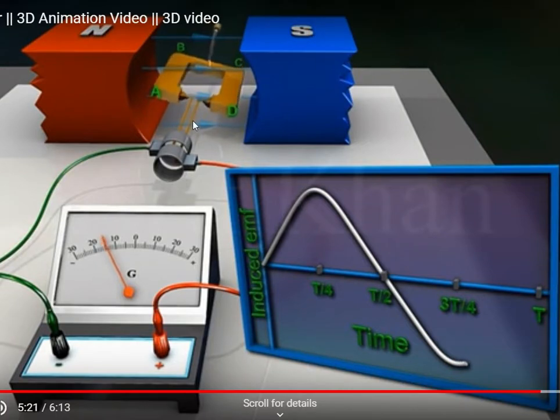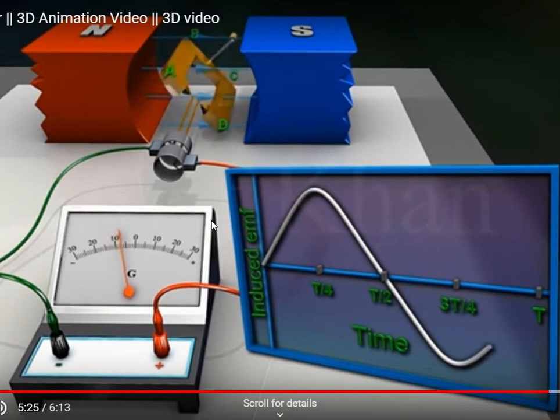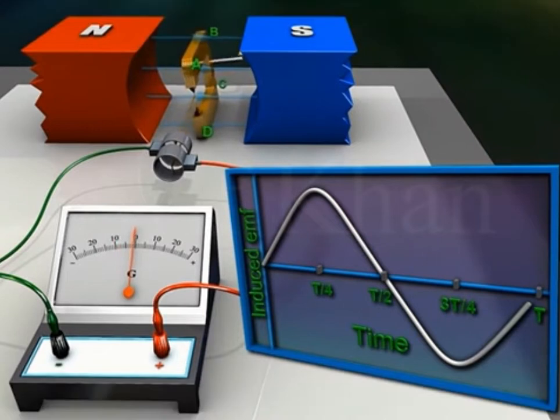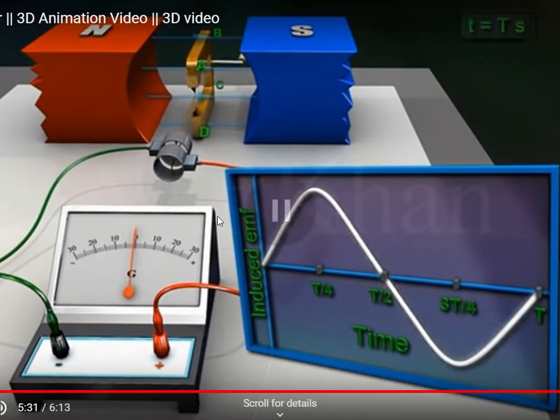During the fourth quarter rotation, the induced EMF decreases and becomes 0 momentarily at time t seconds as the armature is vertical once again. So when the coil is parallel to the magnet, EMF is 0. When the coil becomes perpendicular, EMF is maximum. If the coil is perpendicular in the opposite direction, EMF is negative maximum. In this way, you get an alternating wave.